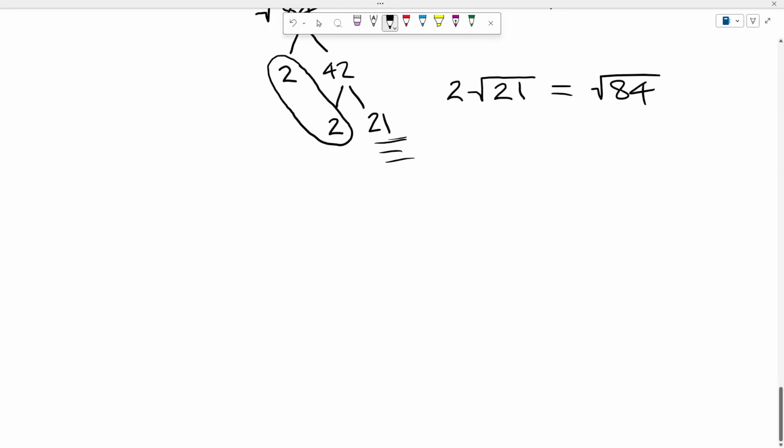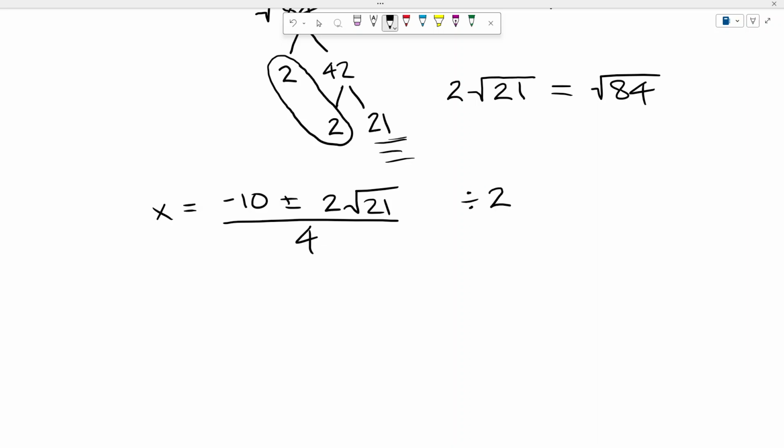So let's input that. So now we are at x equals, we still have the negative 10 here, plus minus, and now we simplified it down to 2 square root of 21 all over 4. And then this could be simplified a little. We have negative 10, 2, and 4, so let's divide by 2.